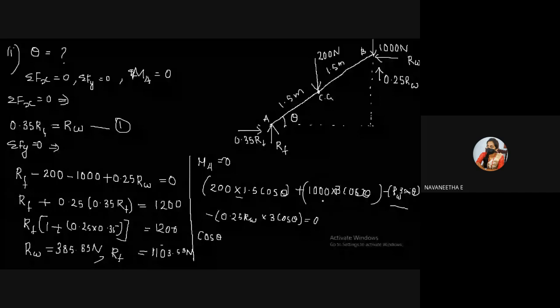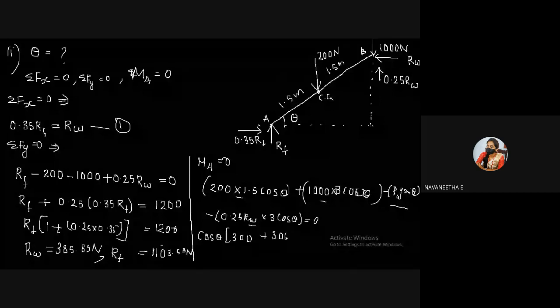In this equation, cos theta is common, right? So from the first term, that is 200 into 1.5, that is equal to 300. And 1000 into 3, that is 3000.